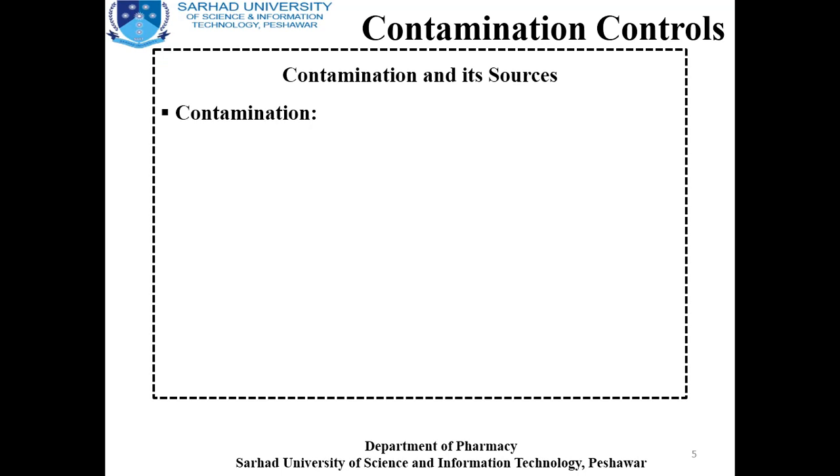Before going to discuss in detail how contaminations are controlled, first of all I would like to tell you about the contamination. In simple words, contamination is the existence of any unwanted or undesirable substances in the product, that may be in the finished product or during the processing of the formulation, the intermediate product, or any unwanted substance that is not desirable in the finished product.